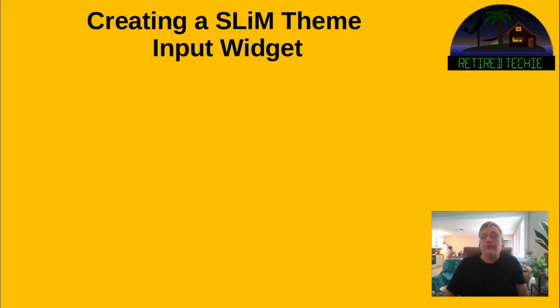Now for the input widget. The input widget or input box or whatever you want to call it, it's where you type your text in. There's two types. There's a double entry and there's a single entry.